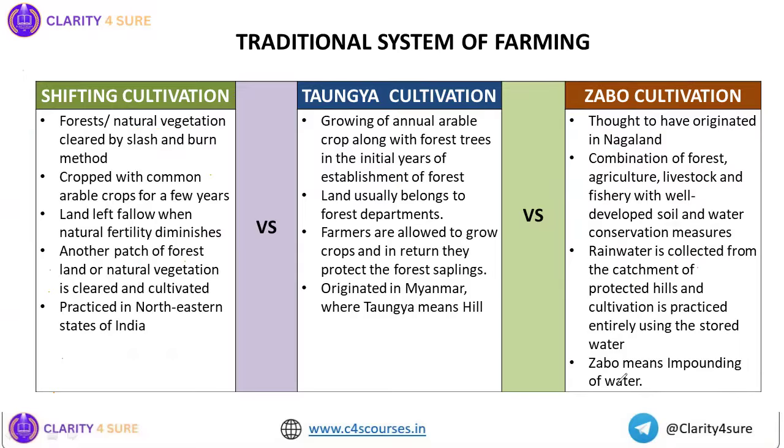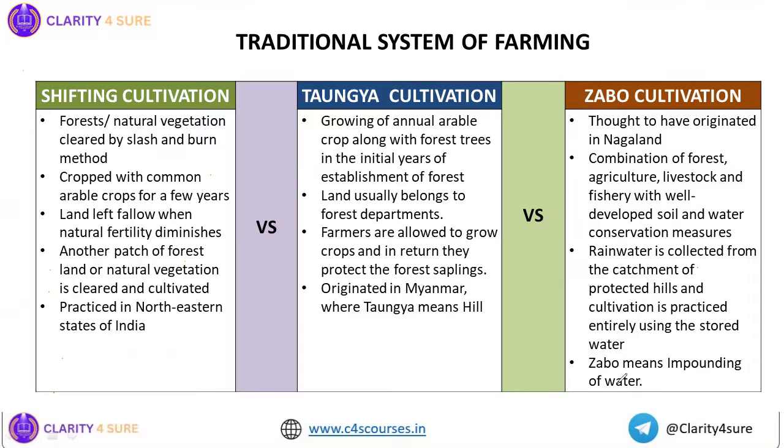Then the cultivators will move to another patch of land and the system will be repeated. The fallow period usually is 10 to 20 years. Nowadays, due to lack of land, this fallow period has been reduced to somewhat 5 years. So why is the land kept fallow in shifting cultivation? So that the natural fertility that was diminished in the process of cultivation gets restored.